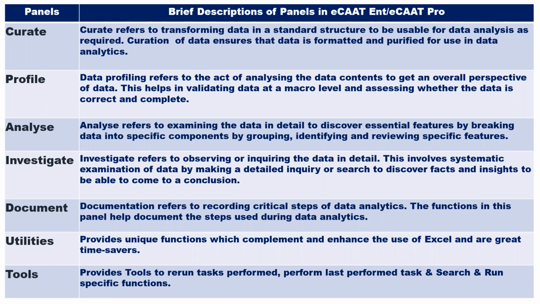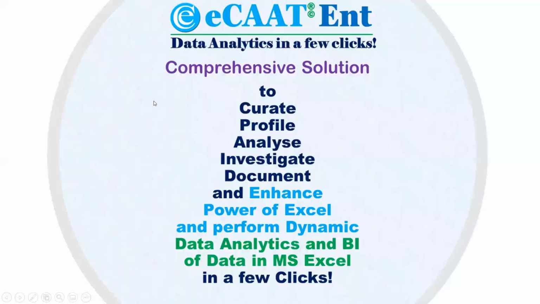Profile is where you get a high-level analysis of the data, get an overall perspective, and also identify areas you want to explore further. Analyze is where you perform a detailed analysis using some key functions of eCAAT. Based on the need, you'll also perform a detailed investigation. You also perform documentation of critical steps. The software also maintains documentation, and it also has various utilities and tools.